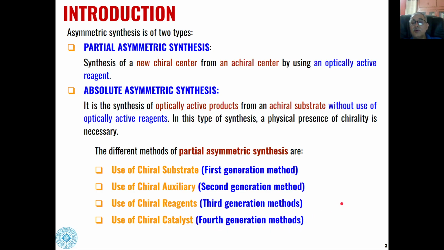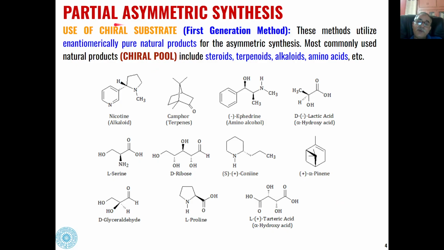So in the first generation method, where we can use a chiral substrate, we know there are many natural products present in the form of enantiomers, and these natural products are called the chiral pool. Many examples are there, for example, steroids, terpenoids, alkaloids, amino acids. Many of these occur as enantiomerically pure chiral products.